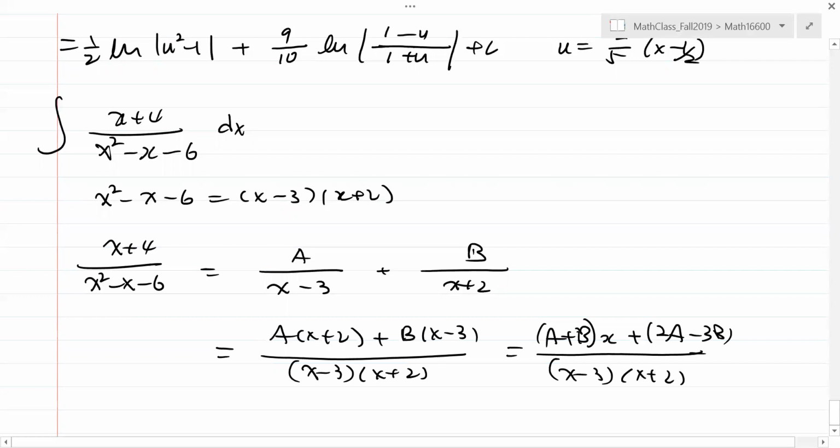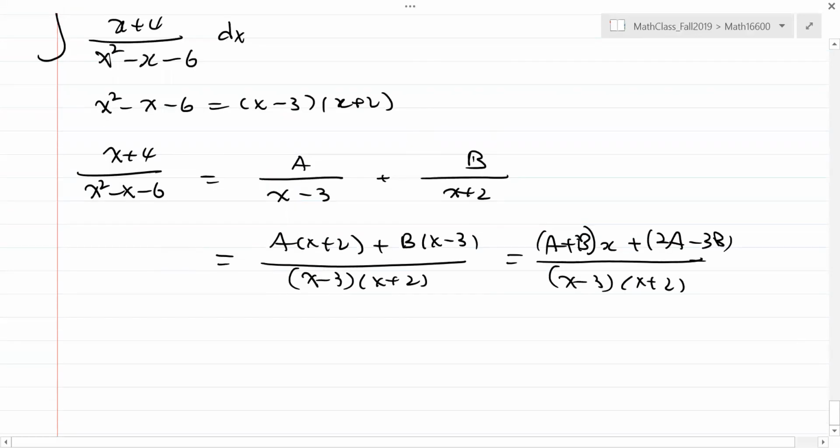And I compare the coefficients on both sides. I see that a plus b should be equal to 1. 2a minus 3b should be equal to 4. And I'm pretty sure you can solve for a and b.